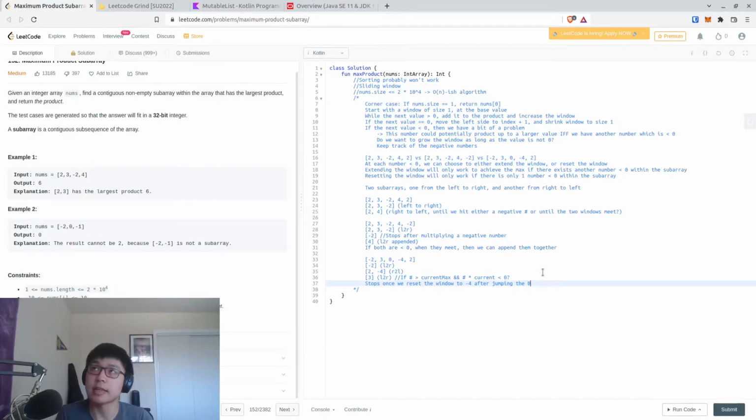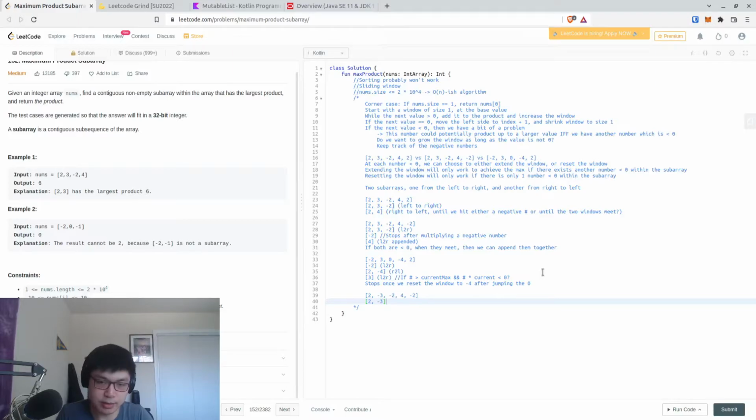And let's see, if we have 2, and this runs into a second negative, like for example 2, negative 3, 2, 4, negative 2, then really what we want is to do like that, right?